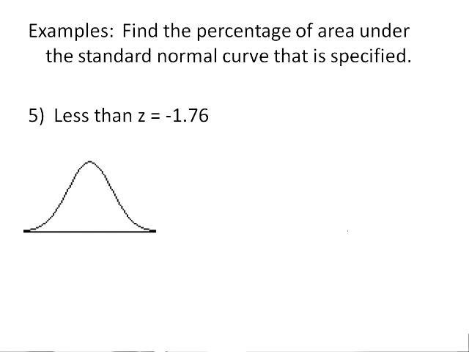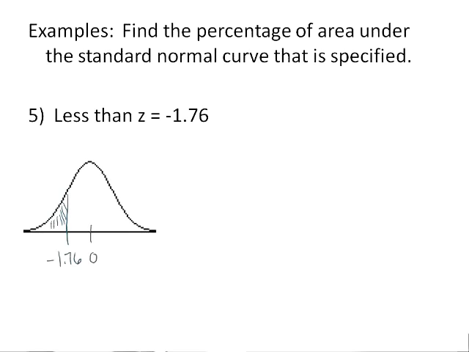Okay, our last example, we're finding the percentage of area under the standard normal curve less than negative 1.76. So on our graph, we of course have 0 in the middle, and then negative 1.76 positioned to the left of that. But which way do I shade for less than negative 1.76?